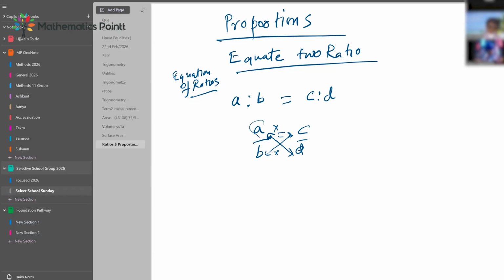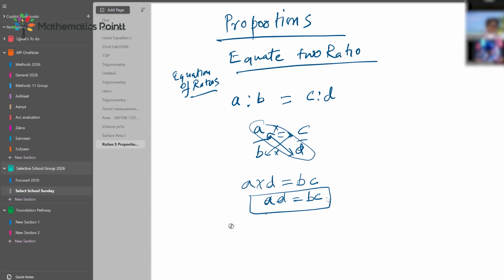So A times D is equal to B times C. So AD is equal to BC. That is the final outcome of your proportion. They have to be equal.